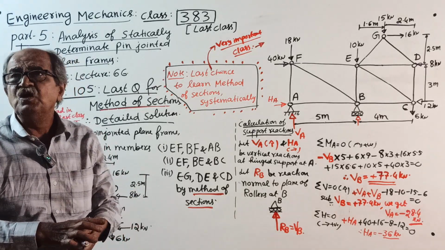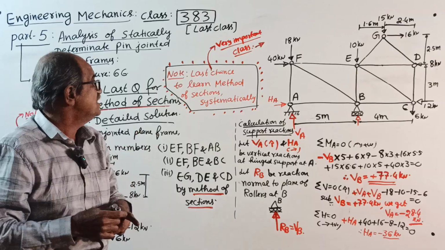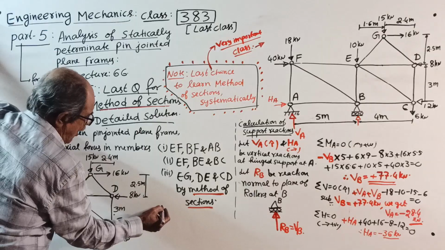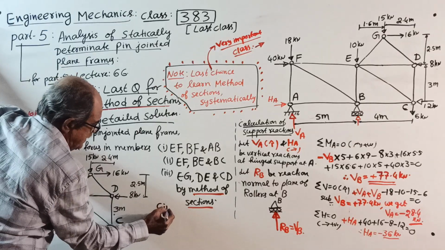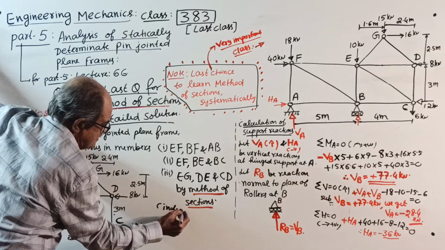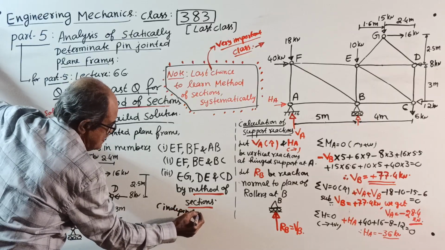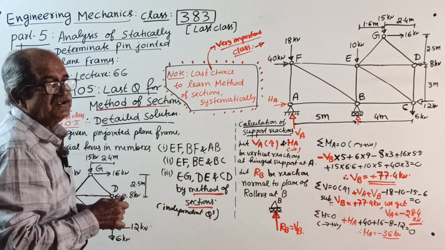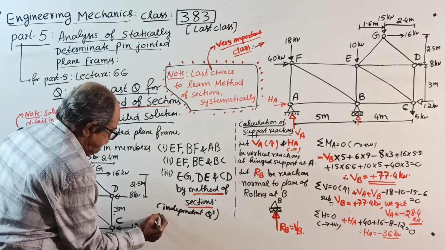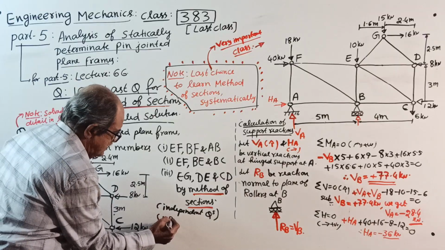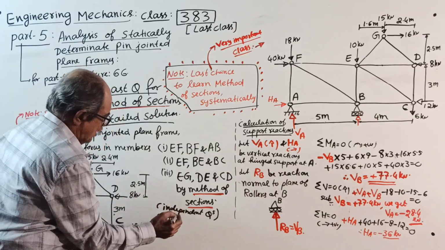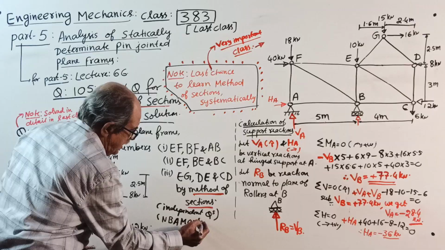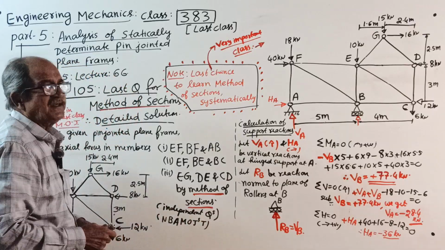No, this time independent question. So you remember, this is an independent question. Do not worry about method of joint. You write here: never bother about method of joints today.